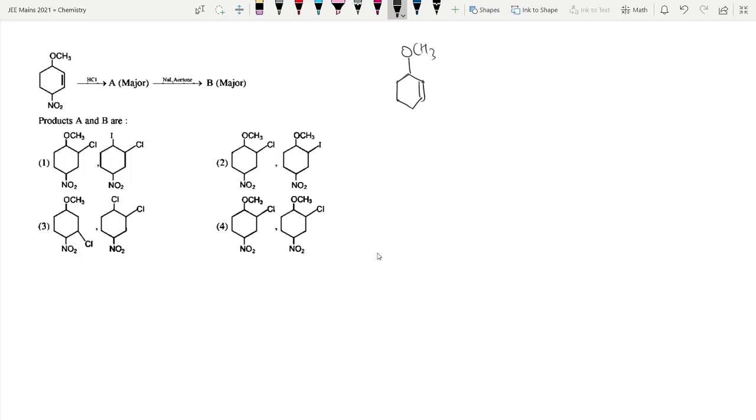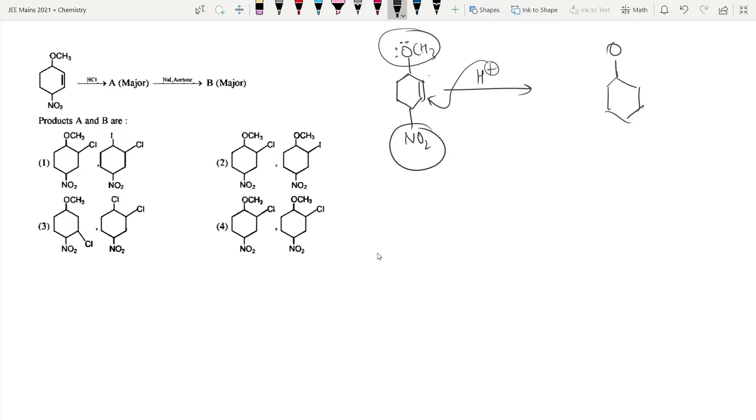OCH3, NO2. So remember, this is electron withdrawing, this is electron donating via resonance. Okay, so what will happen? HCl. So you can take an H plus and you can attack it here so that the carbocation can get formed closer to the OCH3 group.